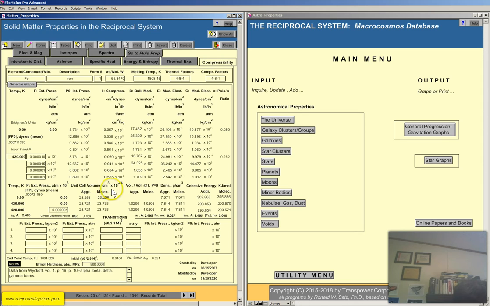And here's the unit cell volume for the aggregate and at the molecular level. Slight difference, very slight difference. This is the volume at T when P equals 0, with no pressure. And then the density in grams per centimeter cubed here. Cohesive energy in kilojoules per mole for the aggregate and on a molecular basis.